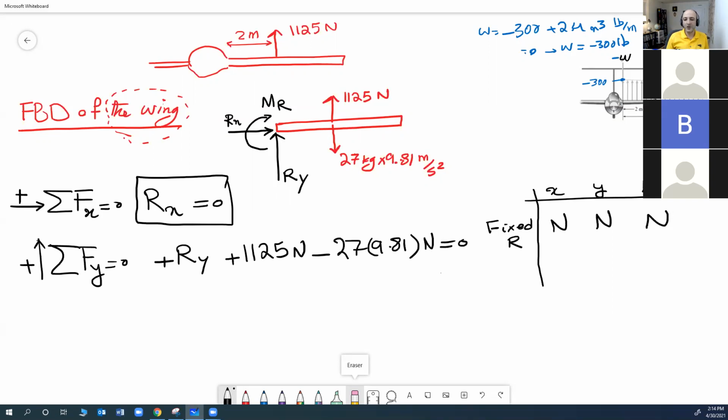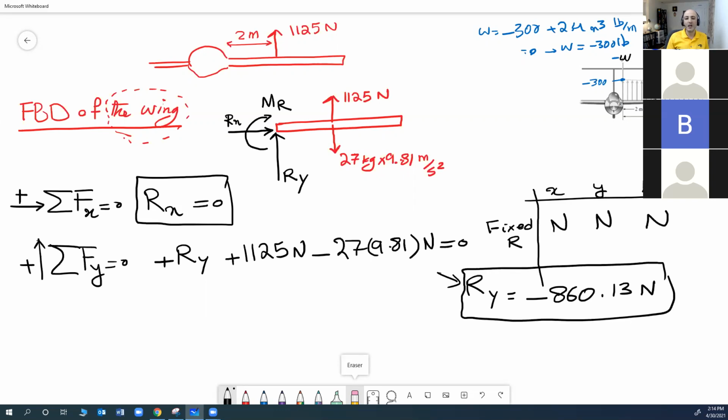This will give me Ry of minus 860.3. So this Ry is actually pointing down. Okay.